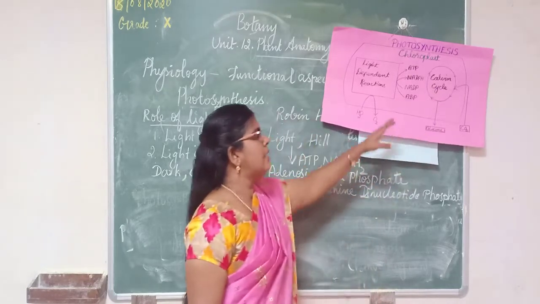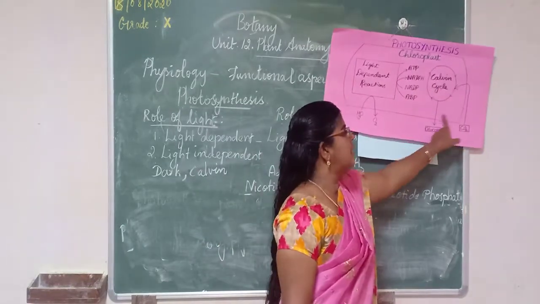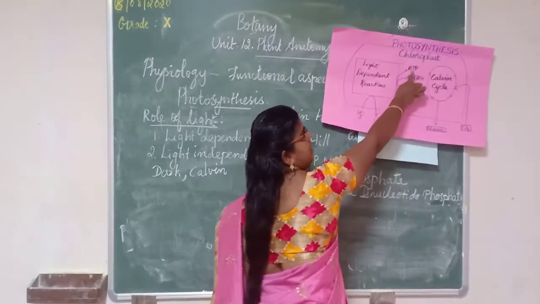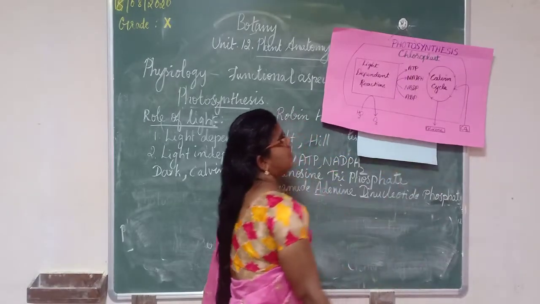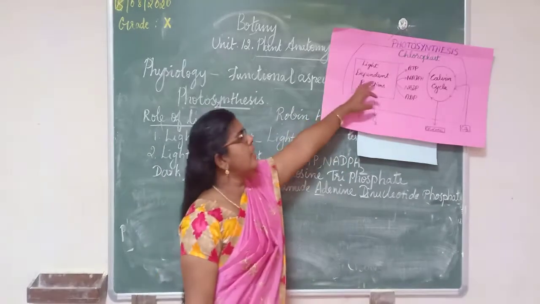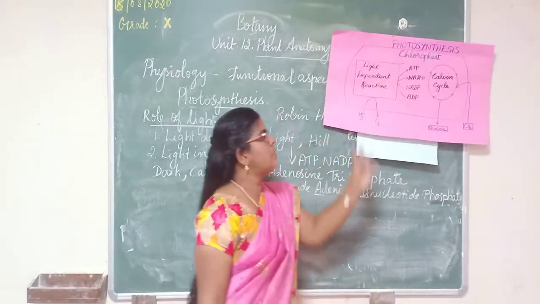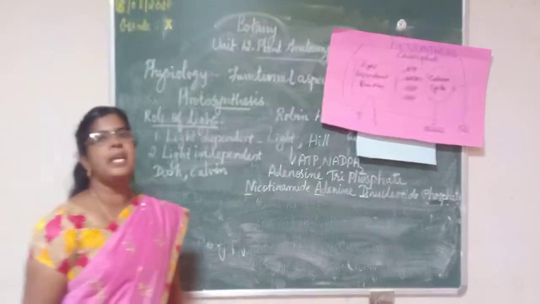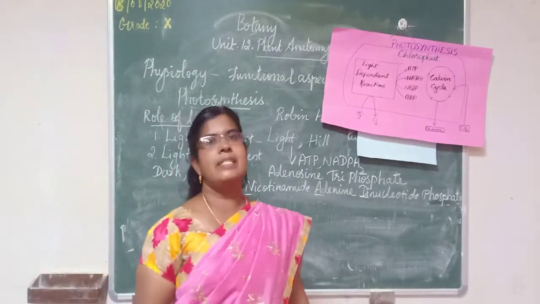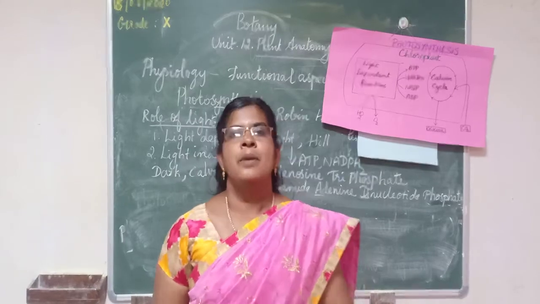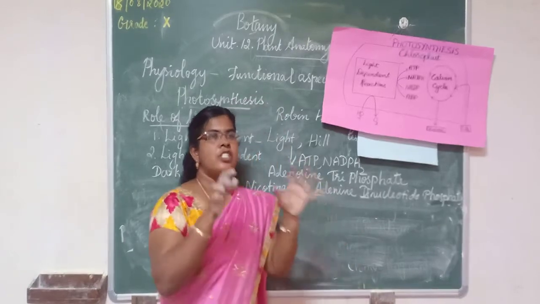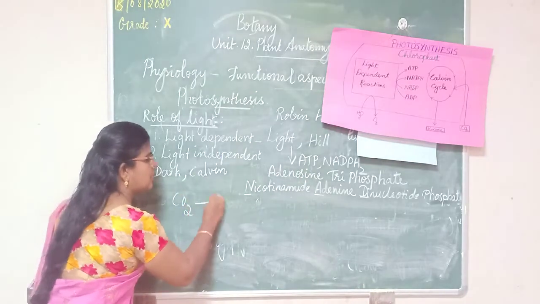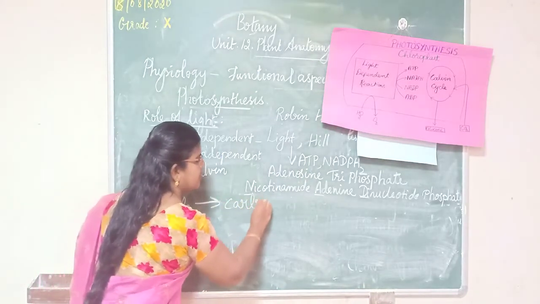During Calvin cycle, the CO2 is reduced into glucose by utilizing the ATP and NADPH2 generated by light reaction. Utilizing these energy-rich compounds during dark reaction, CO2 is reduced into carbohydrate.